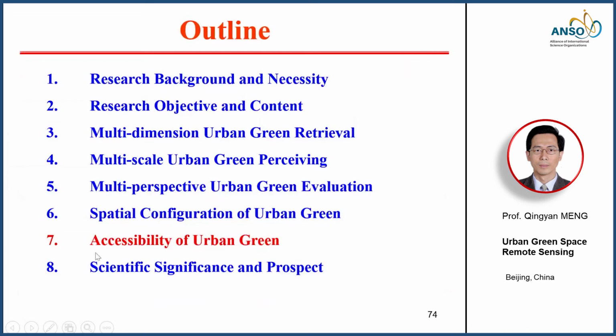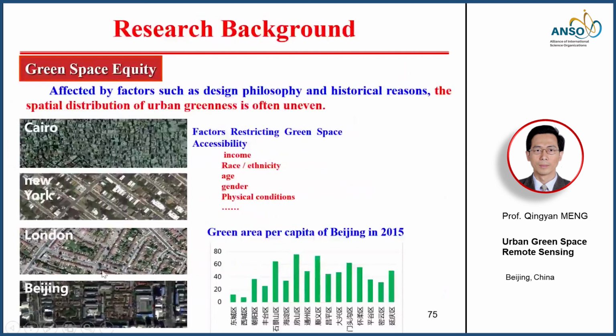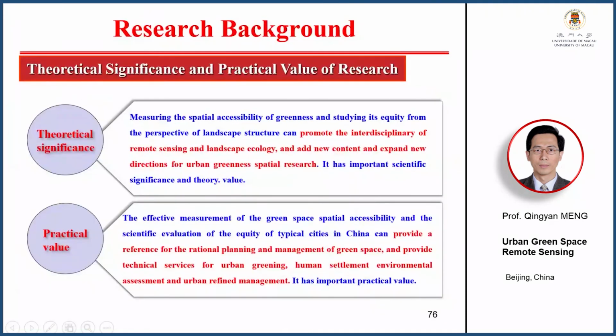The accessibility of the urban green space is another part, which also determines the urban green space equity and fairness, and is affected by the environment. And also, in the past, it had theoretical significance and practical value, I think.